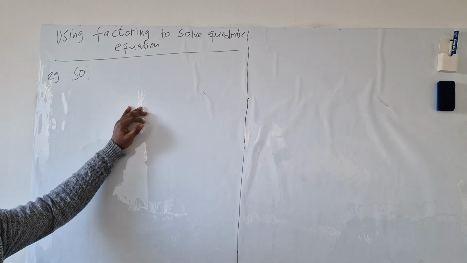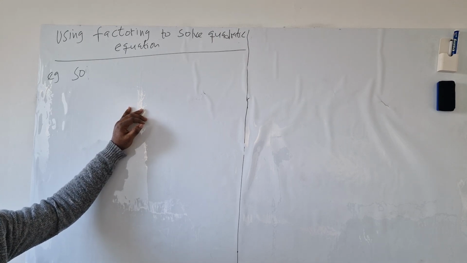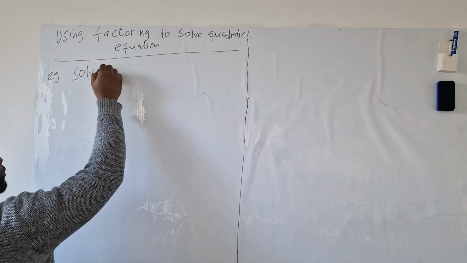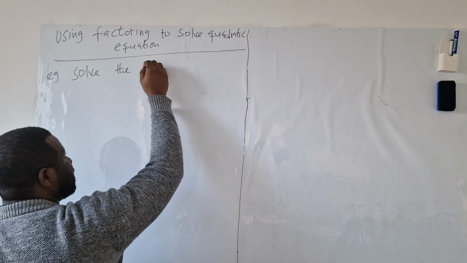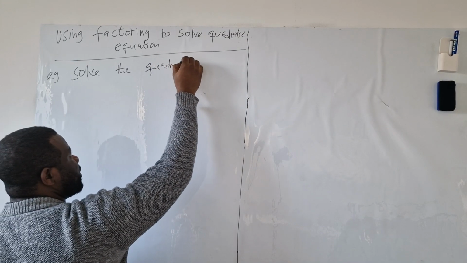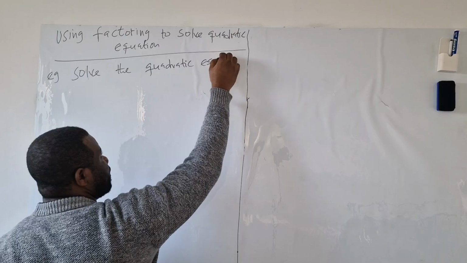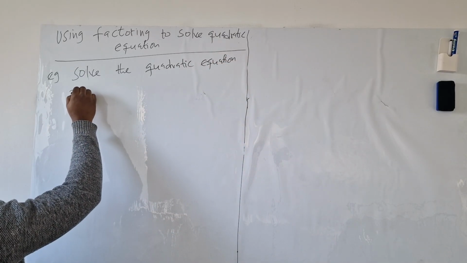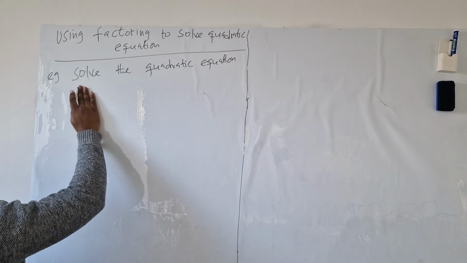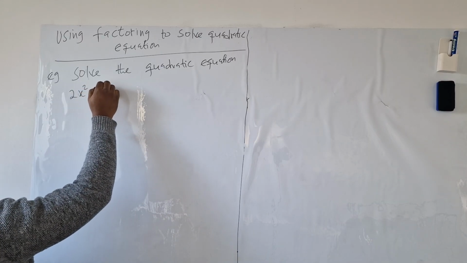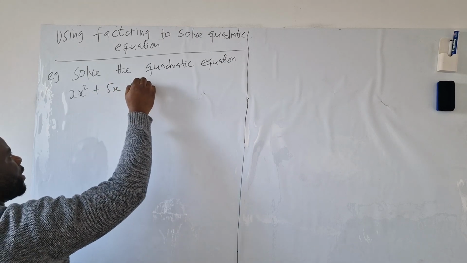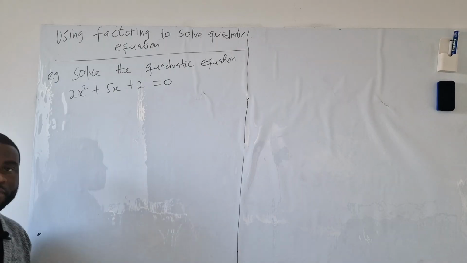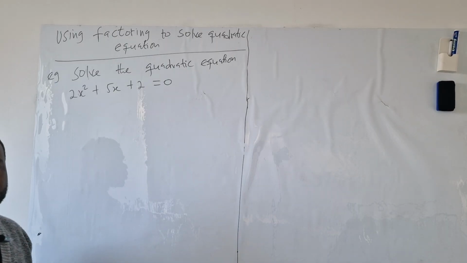Factoring method. So let's take one example and see how we can use the factoring method to solve quadratic equation. Solve the quadratic equation 2x squared plus 5x plus 2 equal to 0.